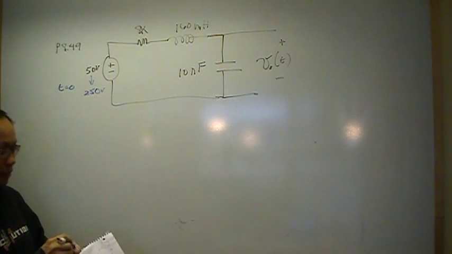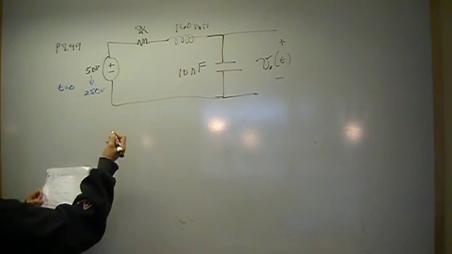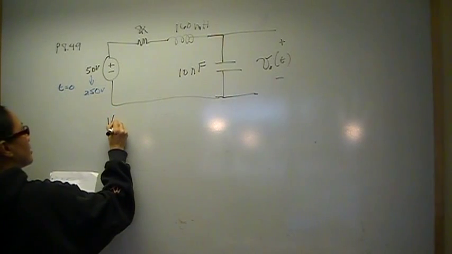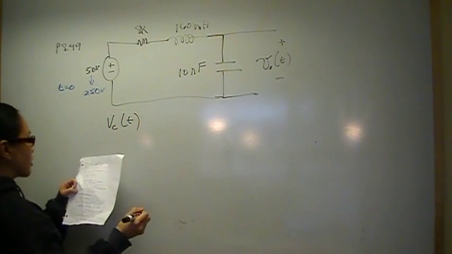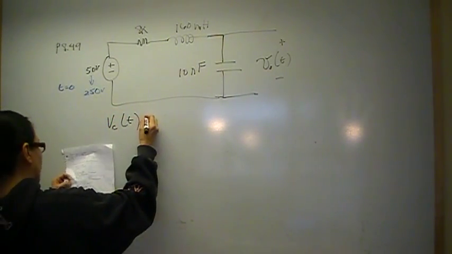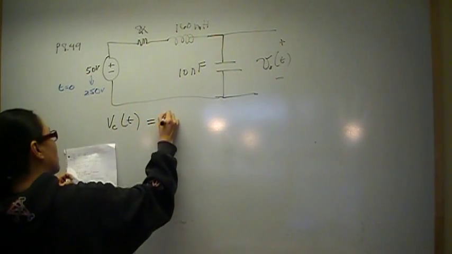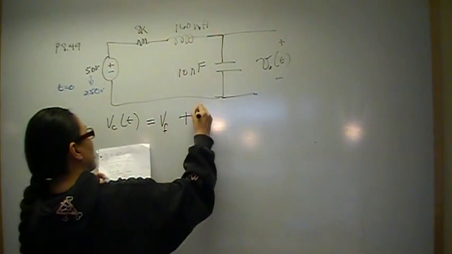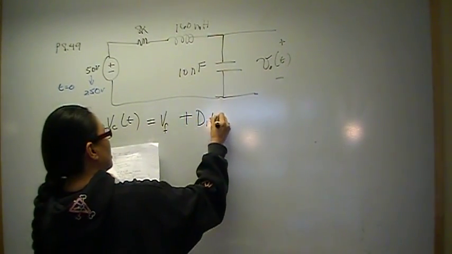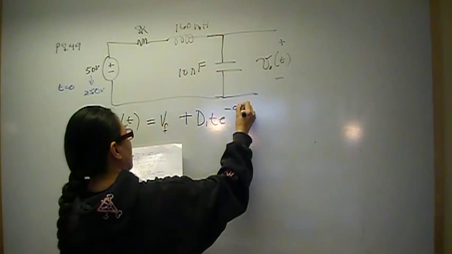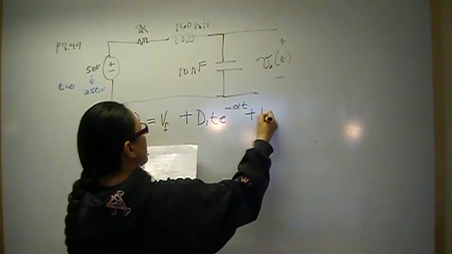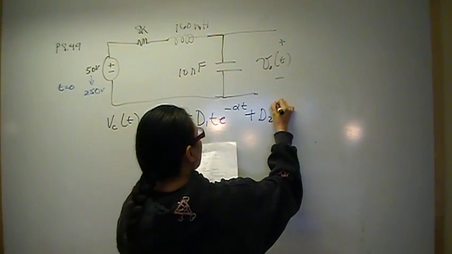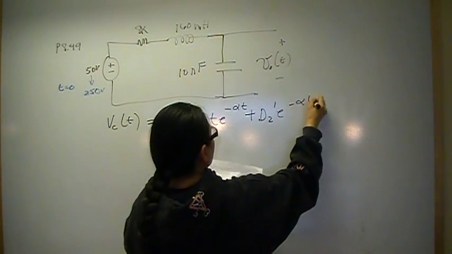In this case, we're looking for v. So our general equation will take the form Vc of t, the voltage across the capacitor, equals V final, the final voltage across the capacitor, plus d1 t e to the minus alpha t, plus d2 prime e to the minus alpha t.